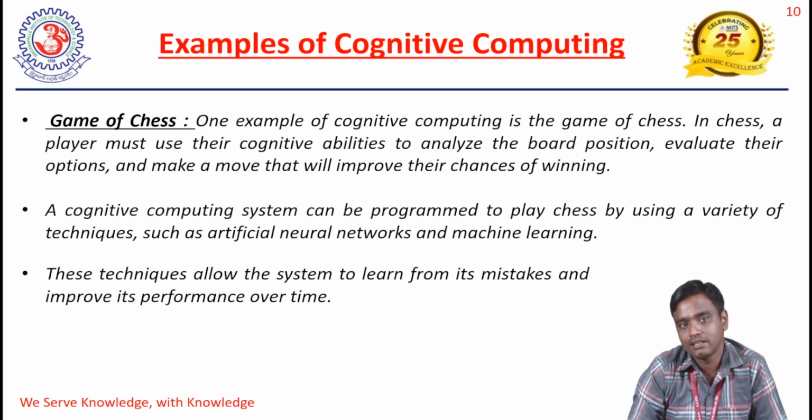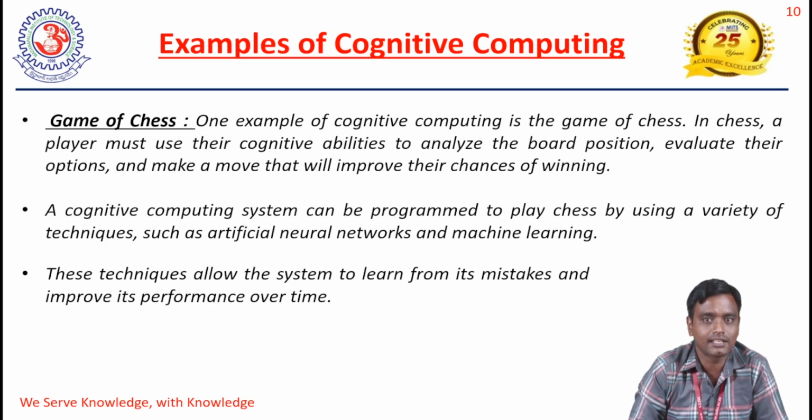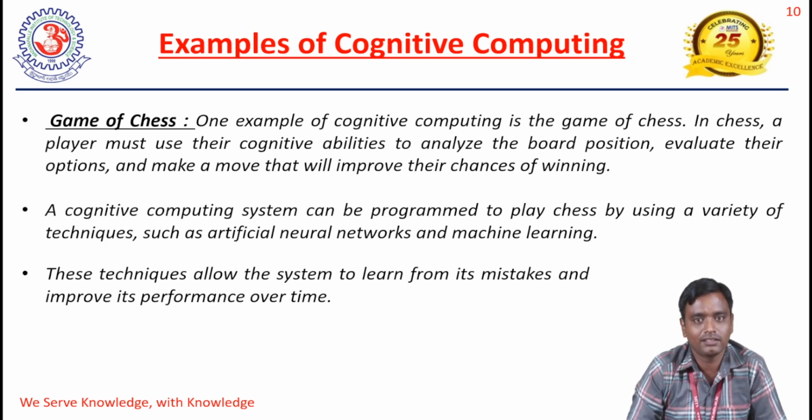So when we apply cognitive computing initially to train the computer to play chess, for the first instance it won't win. For the second instance it won't win. But based on the mistakes, it will learn over time, and after some time the machine will be capable of winning in all the instances. So this is how cognitive computing works in the game of chess.